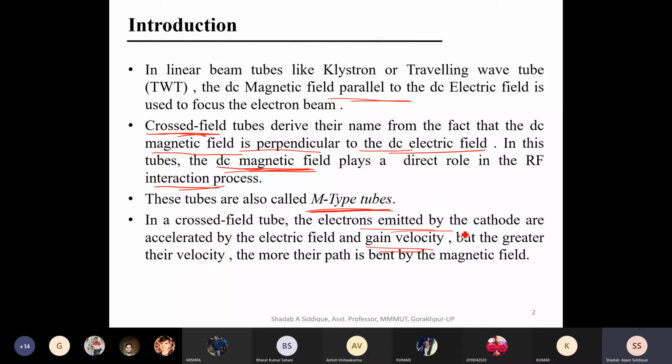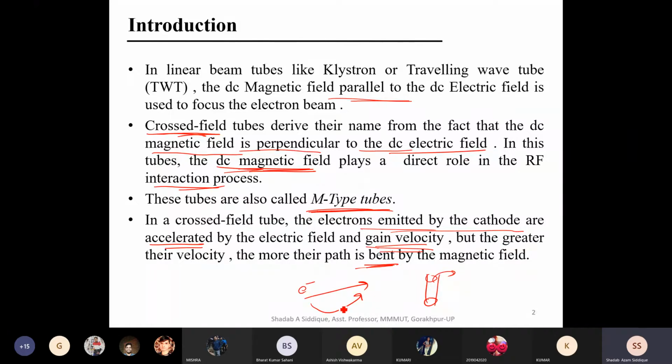The cathode is in the center, and the electron emitted from it is accelerated by the electric field, so it gains velocity. But electrons going straight may bend their path if a magnetic field is present, due to interaction with the magnetic field.